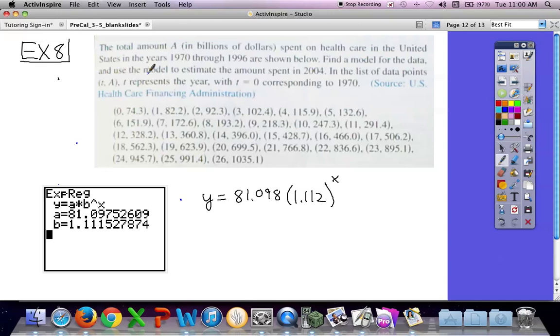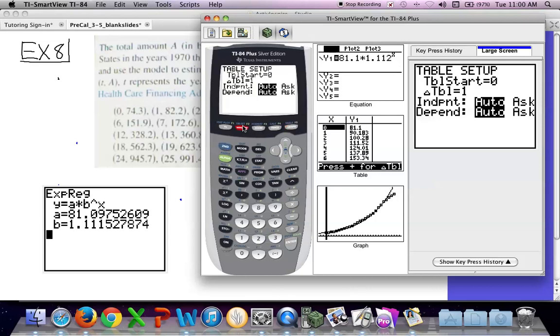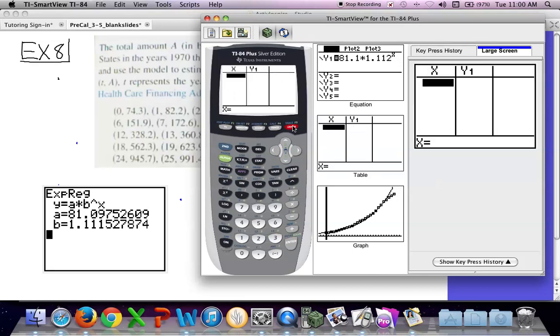So you would want to plug in 34 there and make your estimate. Or if you've already got it in the calculator, then again, you could just go to the table of values, scroll down to 34, or you could set it to ask, which for this calculator is easier, and just plug in 34 for x.